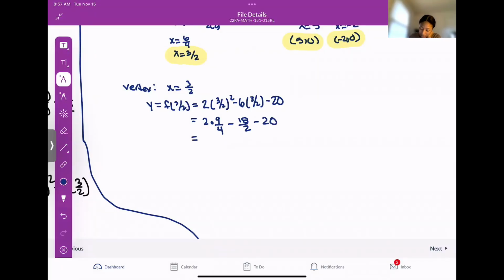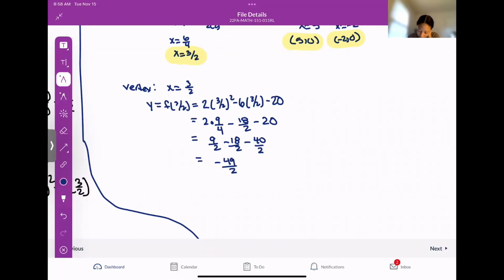All right, if I simplify things a little bit, it works out not too bad. The 2 and the 4 cancel out, so that would be 9 over 2. 18 over 4 simplifies to 9 over 2. 9 over 2 minus 18 over 2 minus 20, or negative 40 over 2. 9 minus 18 minus 40 would give me negative 49 over 2.